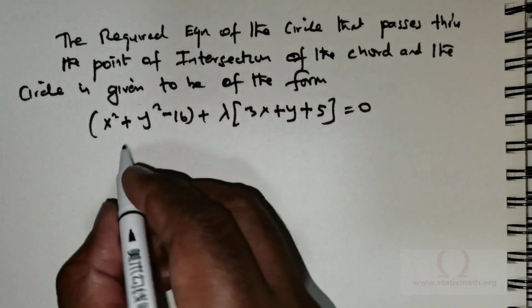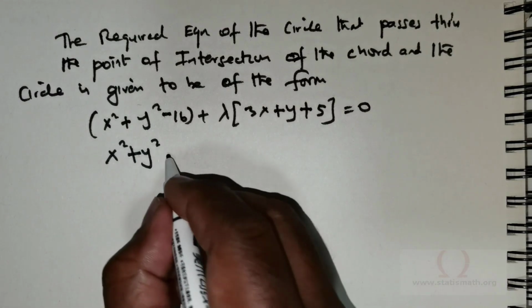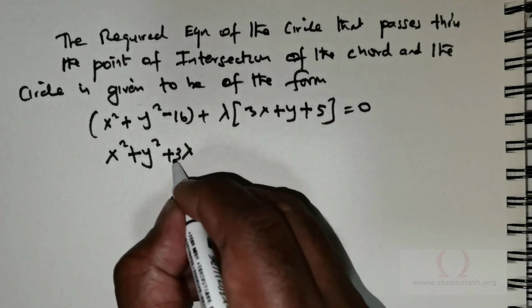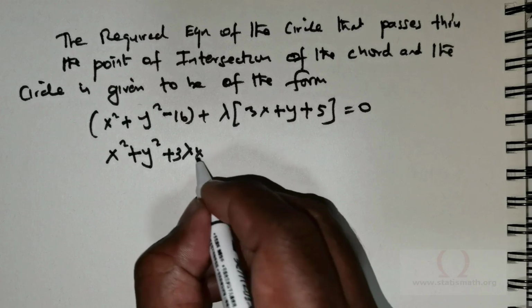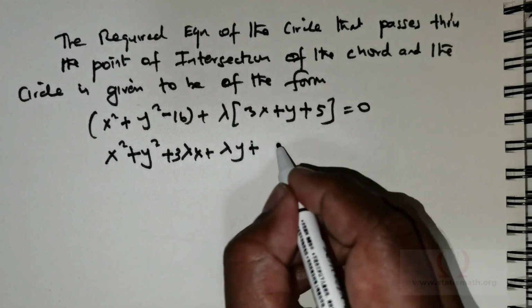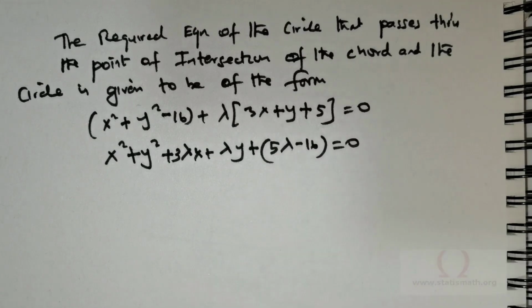Now if I were to rewrite this, I would be getting an equation of this nature: x² + y² + 3λx + λy + 5λ - 16 = 0.